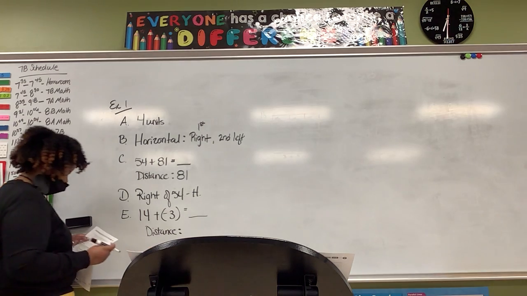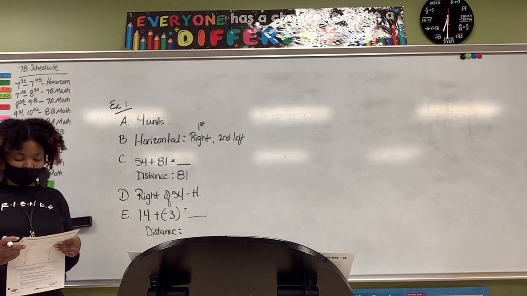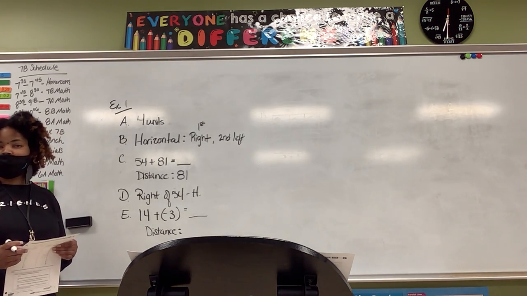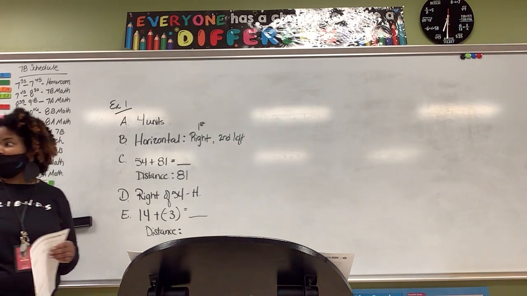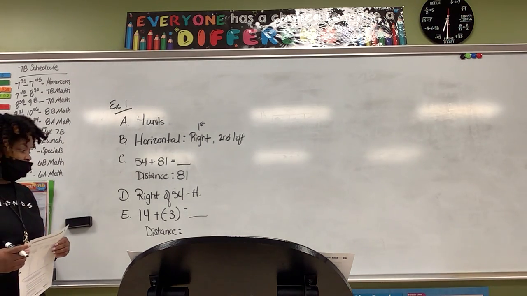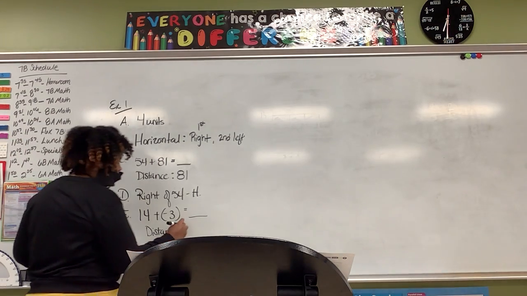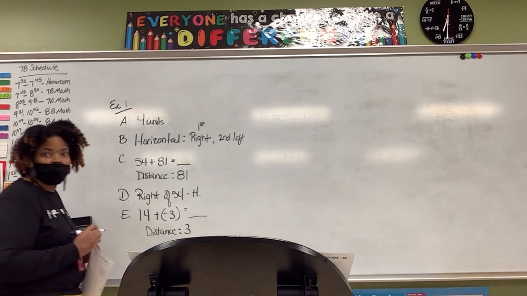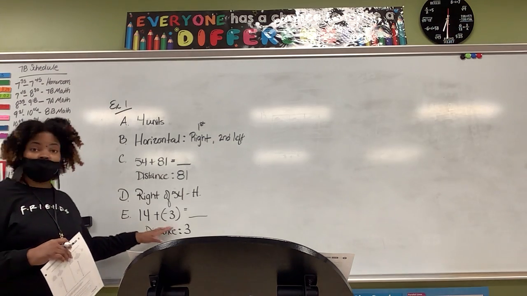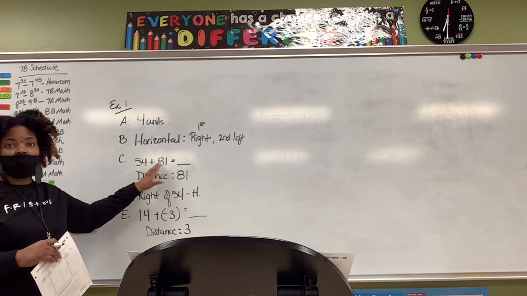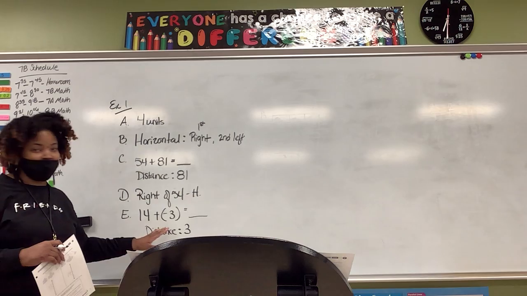Somebody tell me the distance. Jerry? Not negative 3, but 3. Thank you. You're only just moving 3 spaces. That's it. Some of y'all were about to give me something real crazy, and it's the same question. Same question.